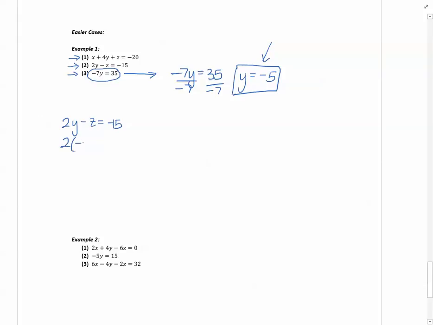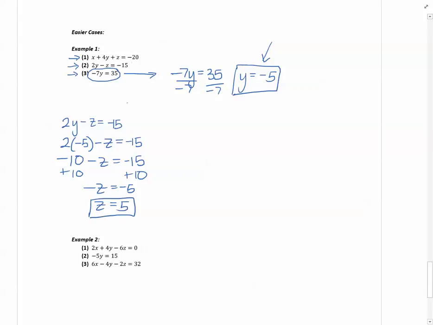So 2 times -5 minus z is equal to -15. This is going to allow us to find what z is. So let's go ahead and solve for z. Negative 10, negative z is equal to negative 5, so z is 5.